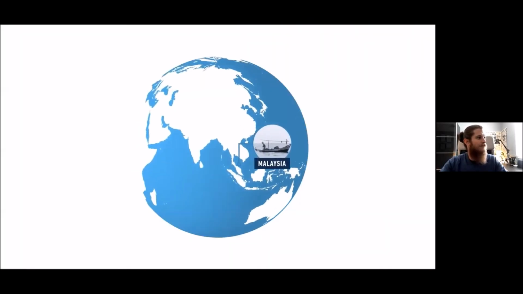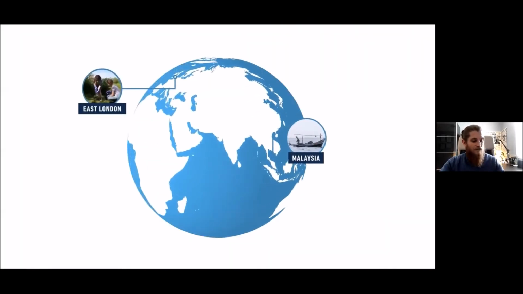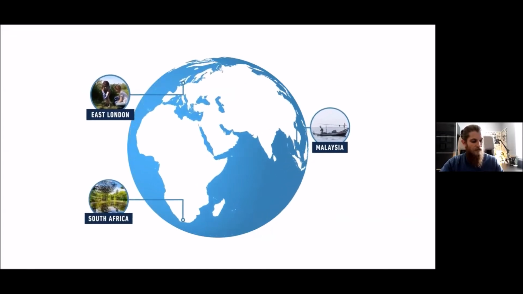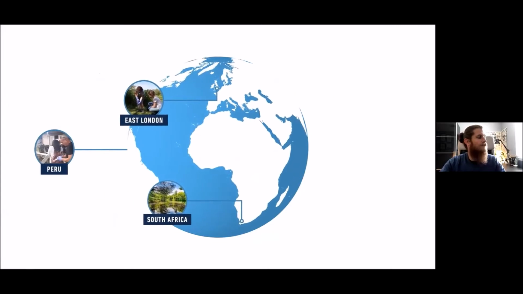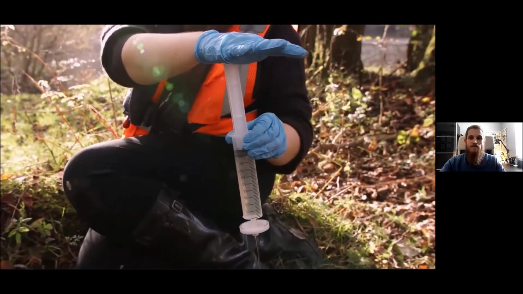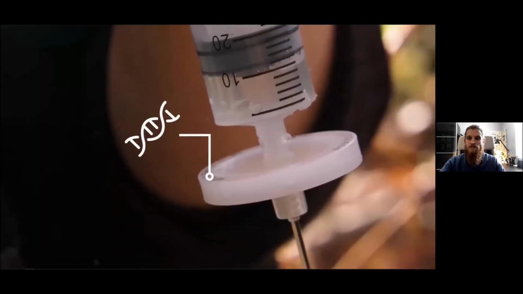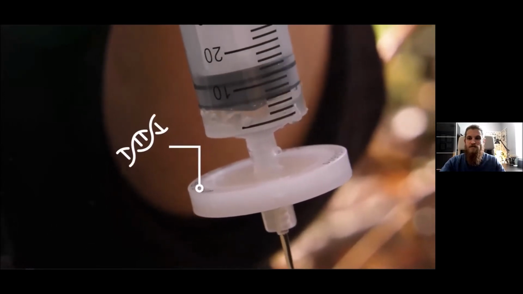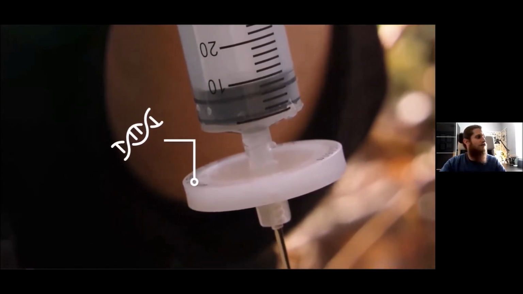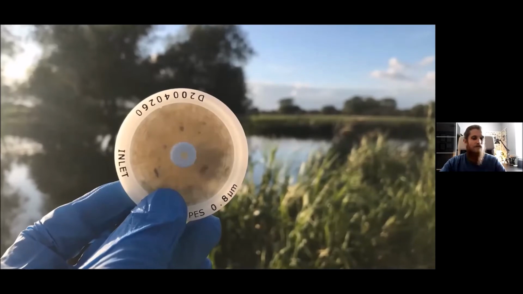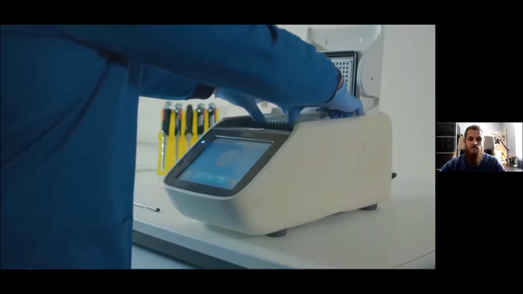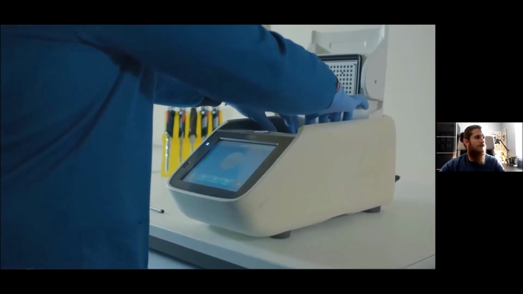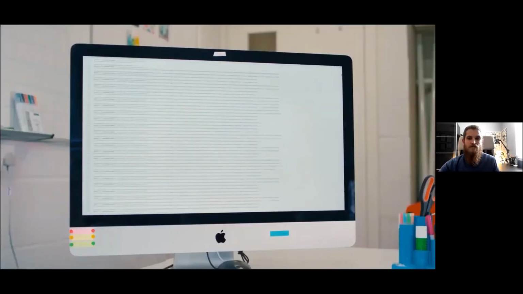So, from the fisherman in Malaysia to the school class in East London, the business owner in South Africa, or the tourist in the Peruvian Amazon, anyone can help collect the data we need just by pushing water through a filter with a syringe. The filter, with nature's fingerprint preserved inside, is sent to a laboratory where the DNA is sequenced so that it can be read and added to the EBIO Atlas.